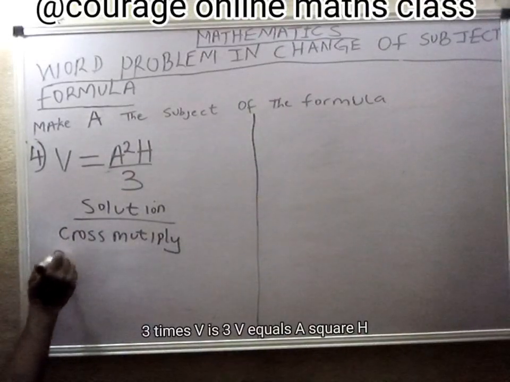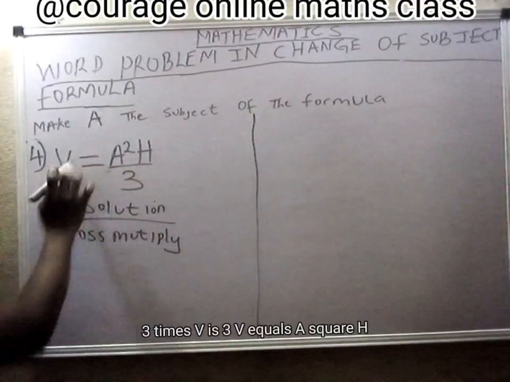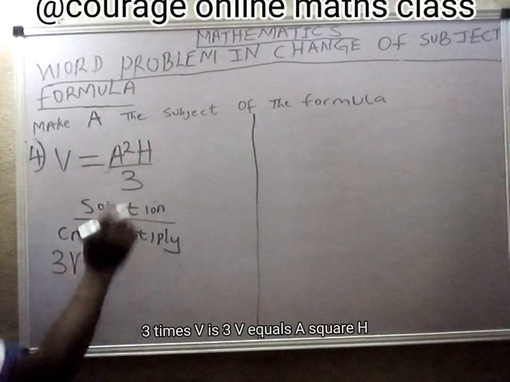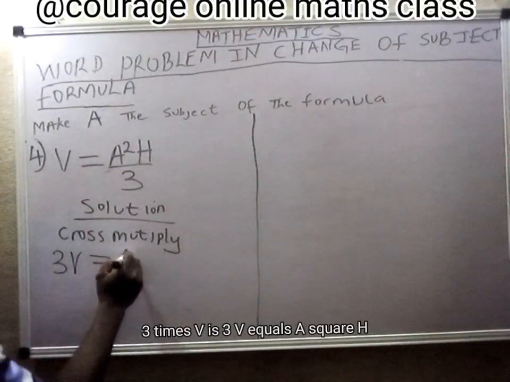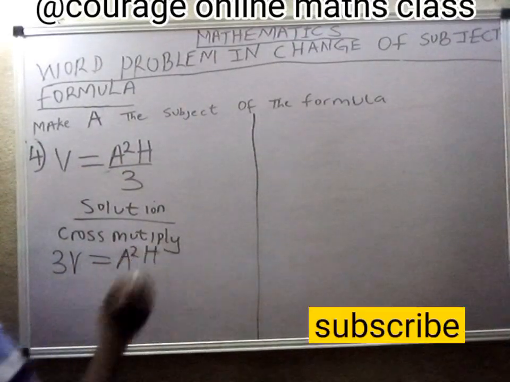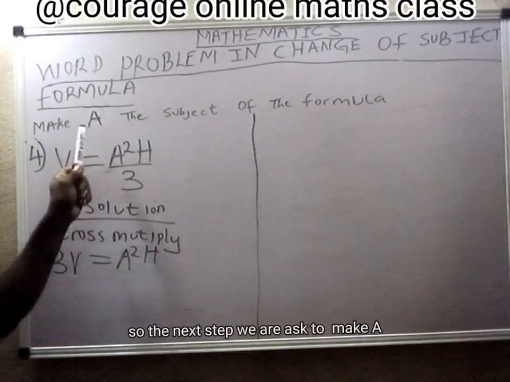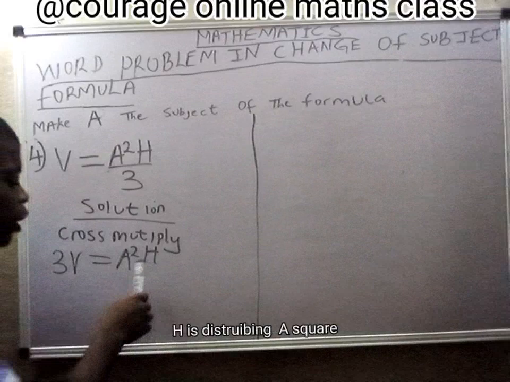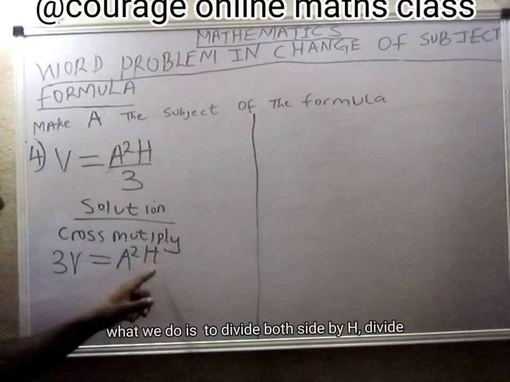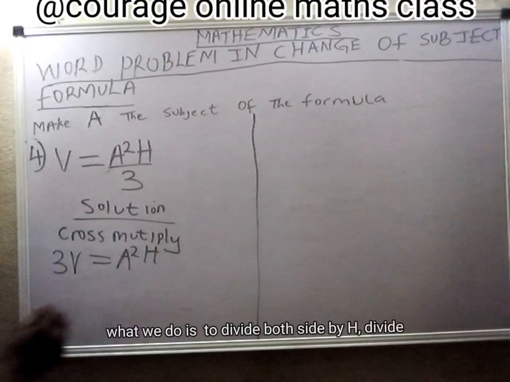So 3 times v is 3v equals a square h. So the next step we take, we have to make a, so look at this carefully, h is multiplying a square. So what to do? Divide both sides by h.